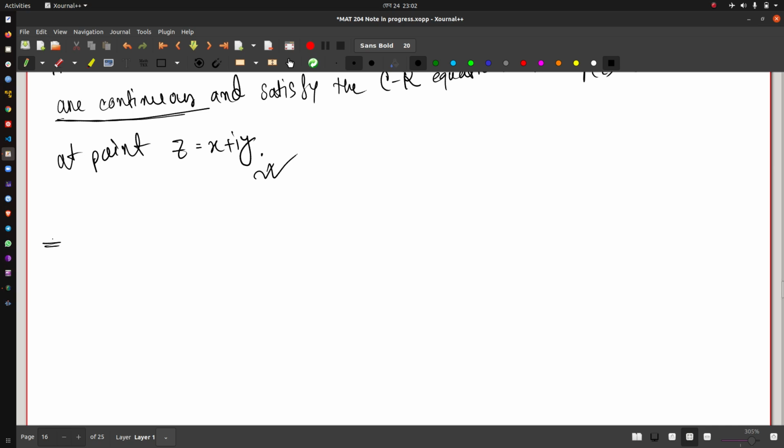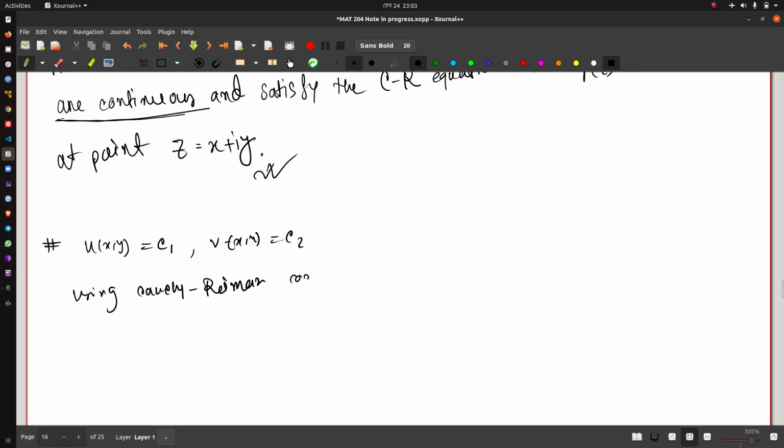A consequence of the Cauchy-Riemann equations can be seen from the fact that if you have some curves labeled by, let's say, u equals c1 and v of x, y equals c2, you can easily show, using the Cauchy-Riemann conditions, that the gradient of u dotted with the gradient of v would be equal to 0.